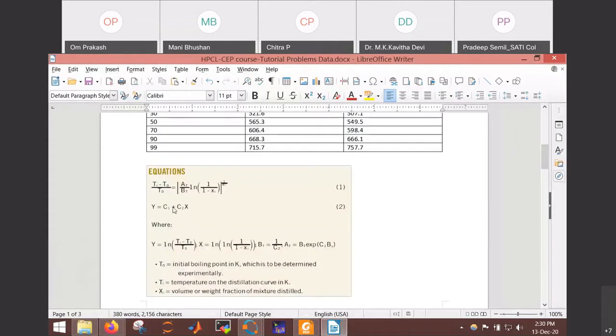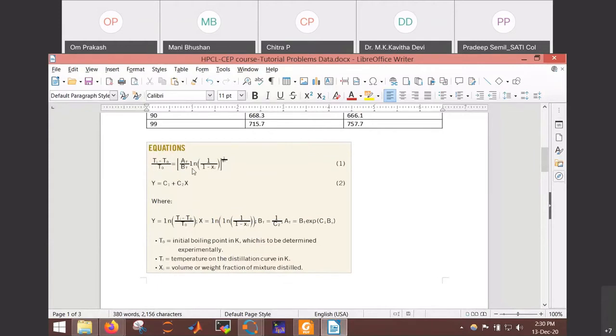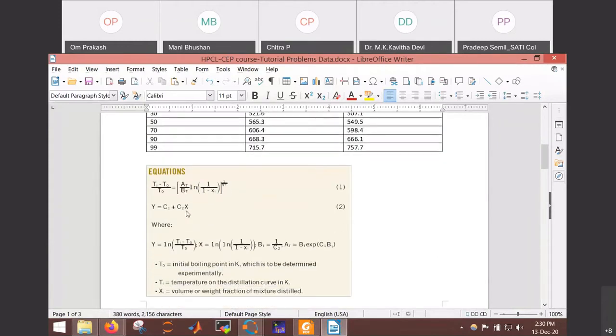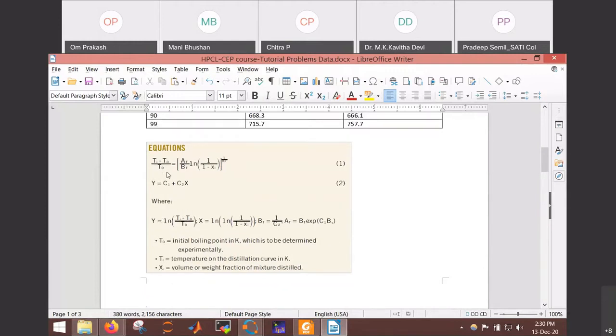So my true boiling point and volume fraction follow this relation, and it is given in the paper that y is a function of true boiling point, which is ln of (Ti minus T naught) upon T naught, and T naught is a constant here. It's the initial boiling point, which is known to us in Kelvin.